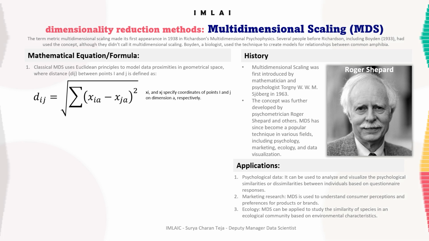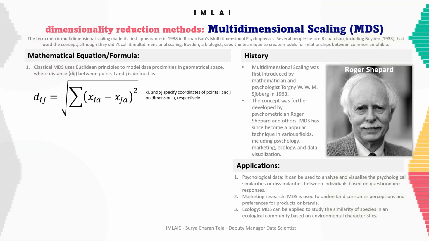Given a set of n data points x1, x2, and so on up to xn, MDS, multi-dimensional scaling, aims to find a lower dimensional representation y sub 1, y sub 2, y sub 3, and so on up to y sub n in a k dimensional space where k is less than n, such that the pairwise Euclidean distances in the lower dimensional space minimize the discrepancy with the original dissimilarity or similarity measures.